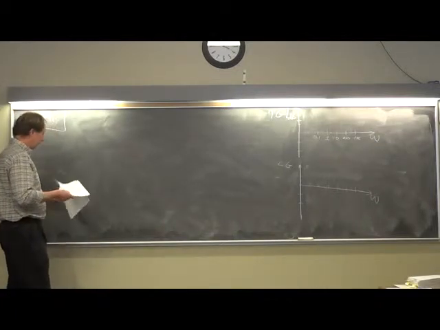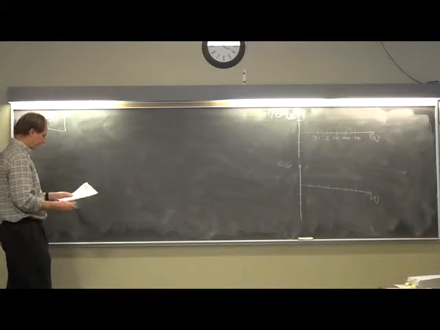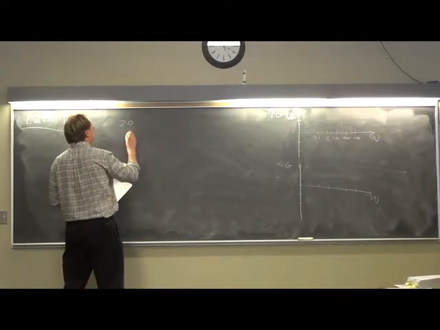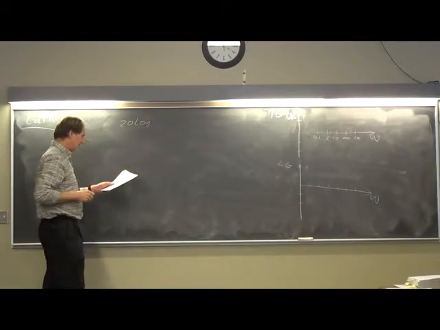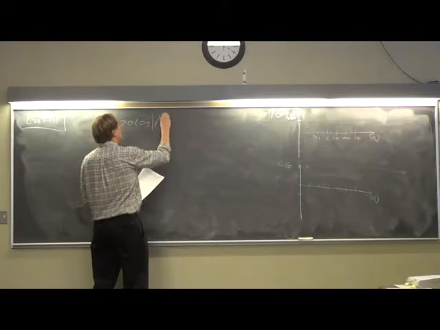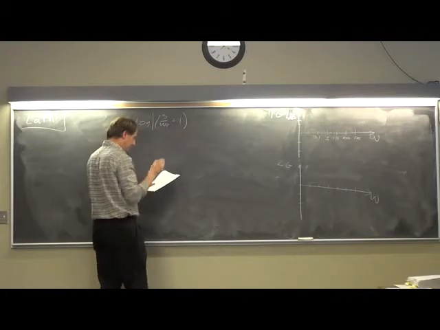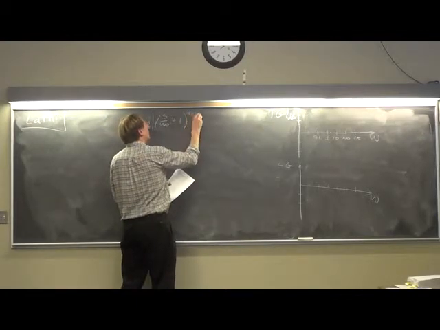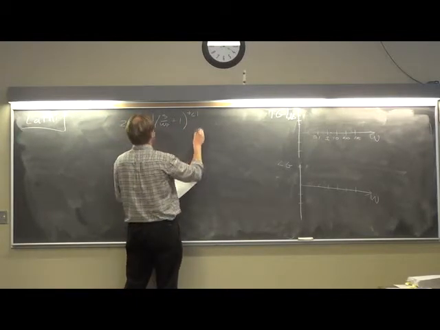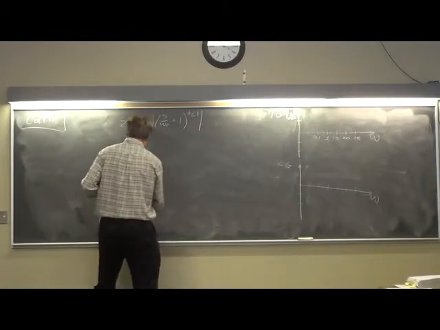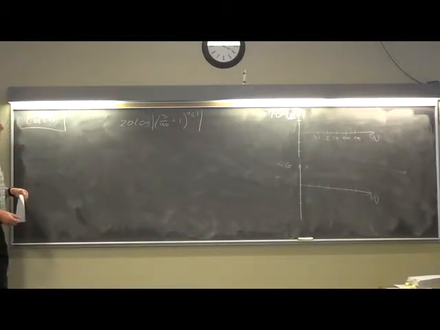In that case, we're dealing with 20 times the logarithm of s divided by omega p plus 1 to the plus or minus 1, and we've got to think about it in two different regimes, two different regions.